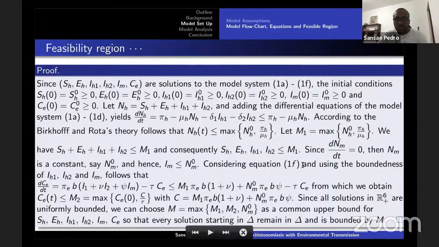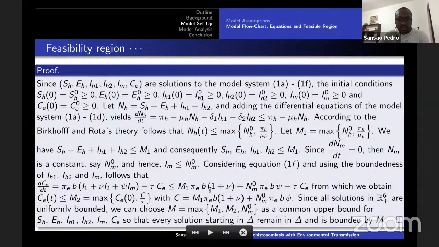Now we are looking at the cercaria, which is the last equation, equation 1F. Now we want to discuss its boundedness, but we remember that the sum, which included these infective compartments, is bounded by M1. So each of them is bounded by M1. And IM, we know, is bounded from here. So from the equation for the concentration of cercaria, we can tell that this term is less than this term.